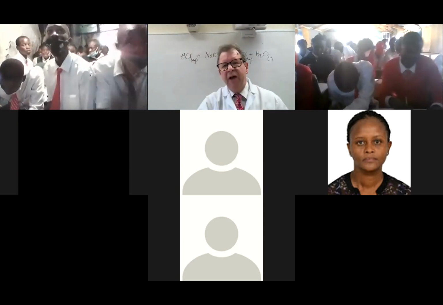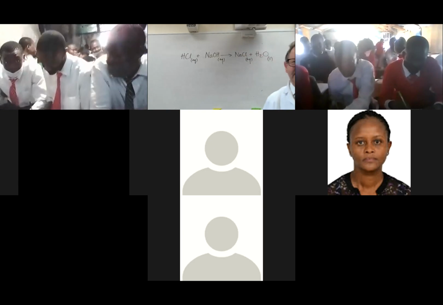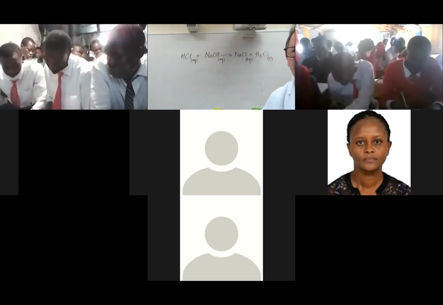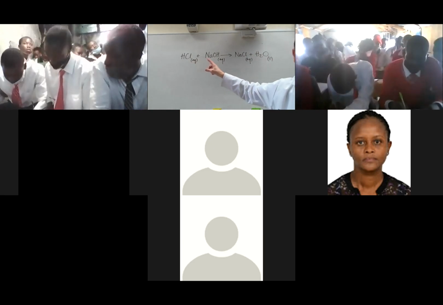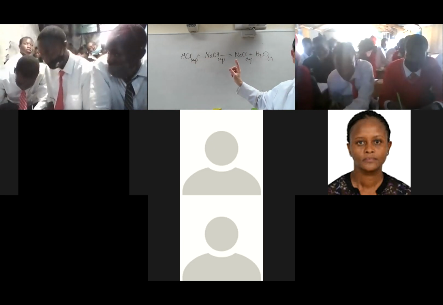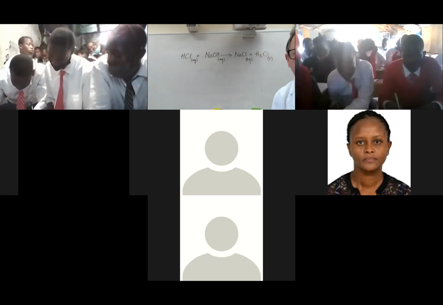Now, if we look at an equation like this, this is hydrochloric acid, sodium hydroxide makes sodium chloride and water.